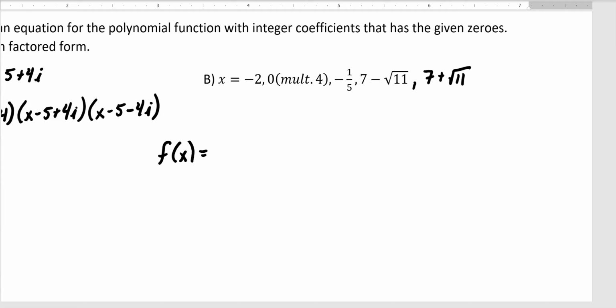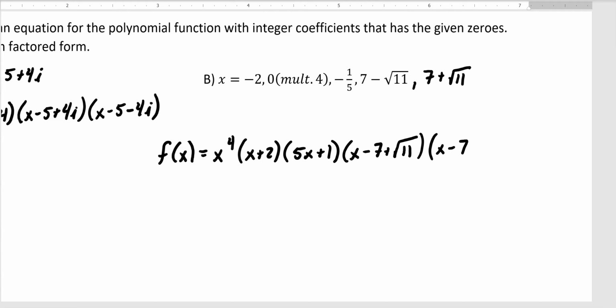All right, so I'm going to start with 0 with multiplicity of 4 just to get that out of the way. -2 would be x plus 2. -1/5 would be, let's see, 5x plus 1. 7 minus square root of 11, so that would be x minus 7 plus the square root of 11. Remember, we're just switching the signs there. And then x minus 7 minus the square root of 11. There we go. Very nice.